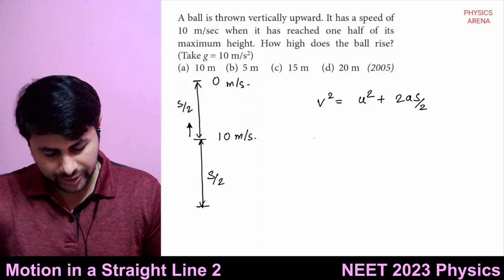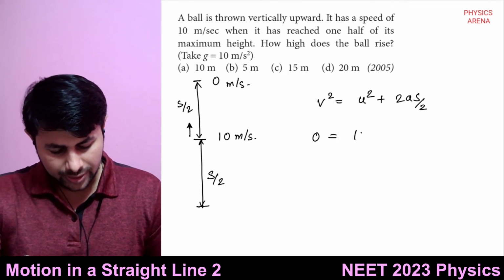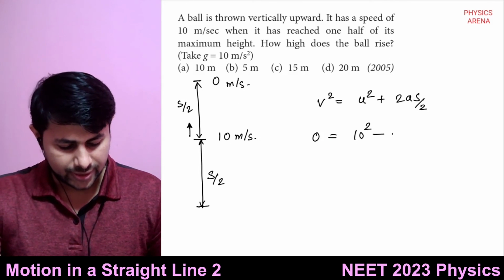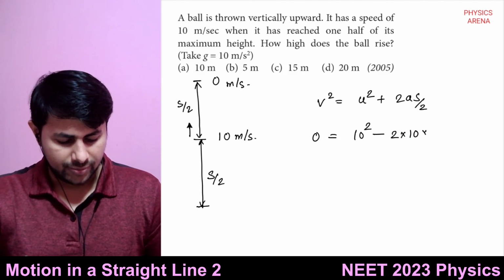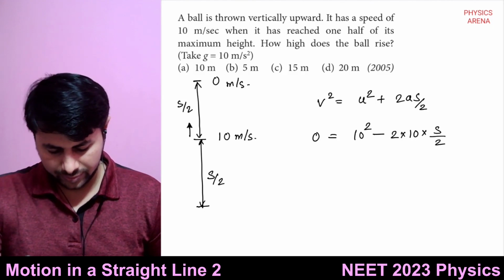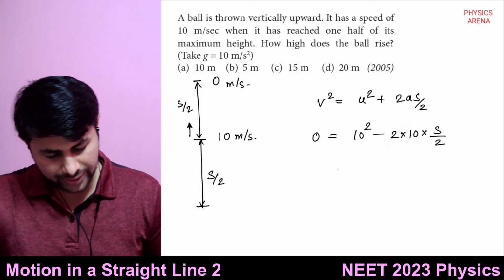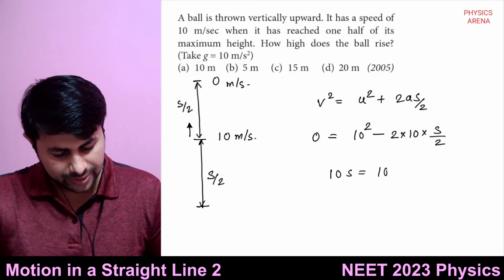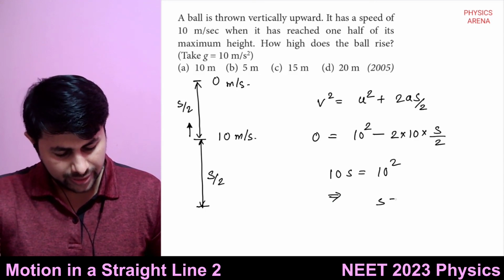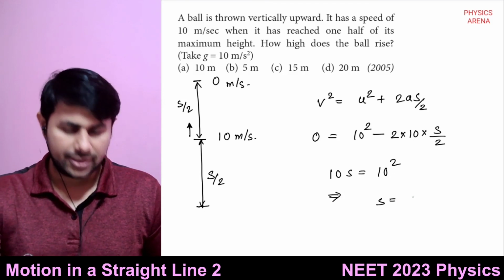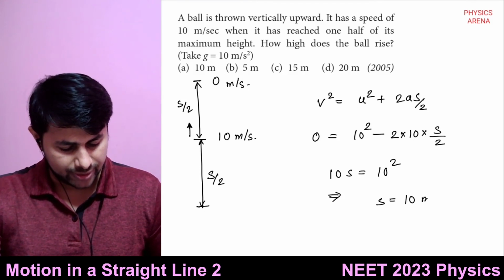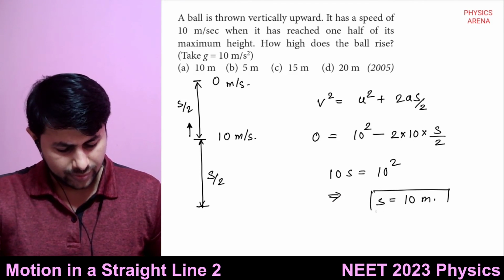So now we get 0 equals 10 square minus 2 times 10 multiplied by s by 2. So 2 and 2 get cancelled. Okay, so 10 times s is equal to 10 square, and therefore s is equal to 100 divided by 10, which is 10 meters.